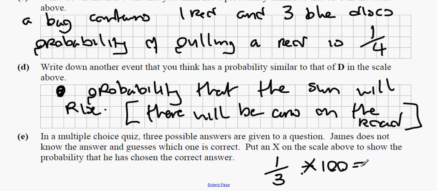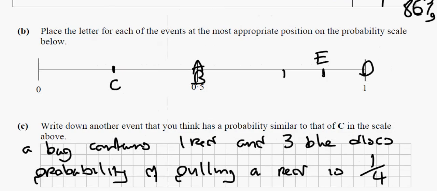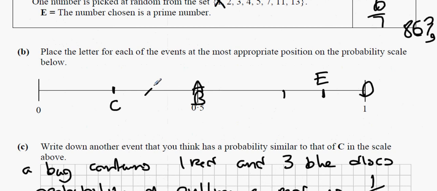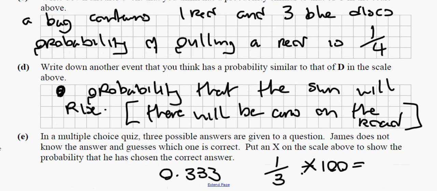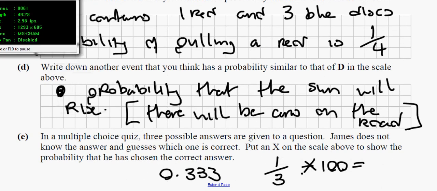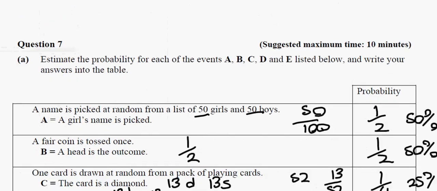So 1 in 3 is 0.3333. It's more than 0.25, so 0.333 will be around here. Okay. So that concludes the first, I think it's the first 7 questions. Okay.